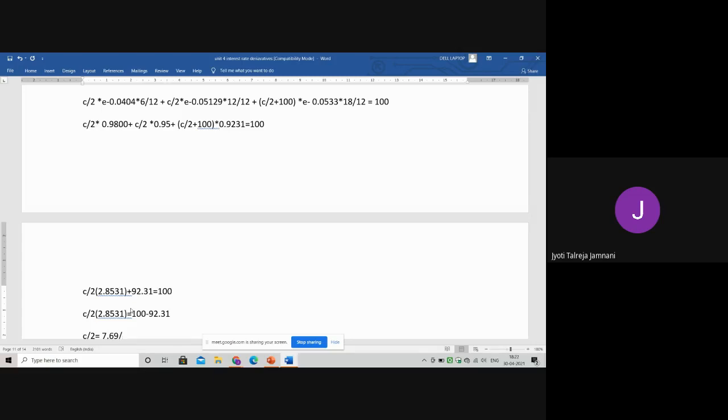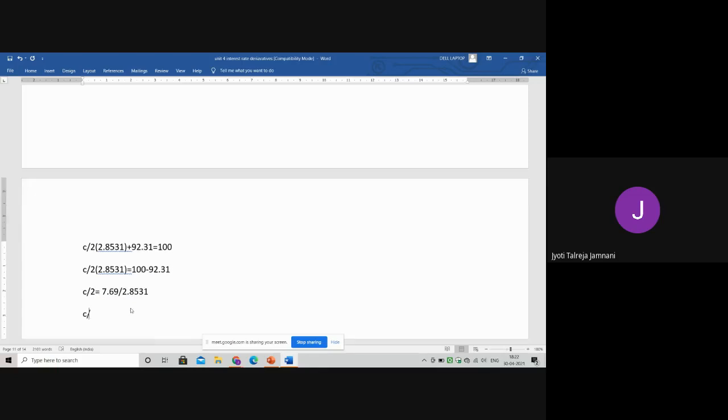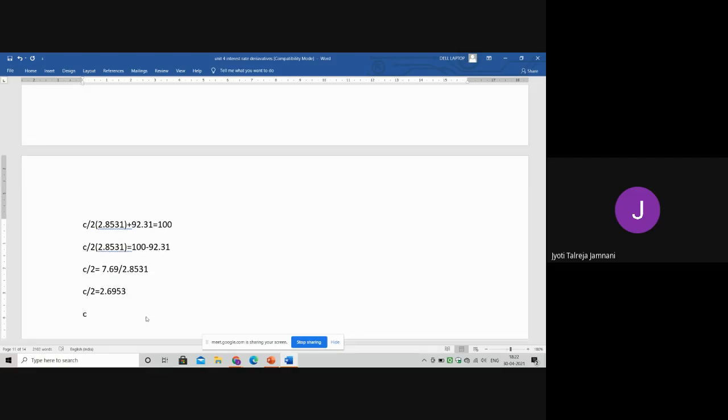This multiplication will become division, so divided by 2.8531, C by 2 equals 2.6953. Now that 2, if we get it this side, it will become multiplication. So 2.6953 into 2 is 5.390. C is equal to 5.390.